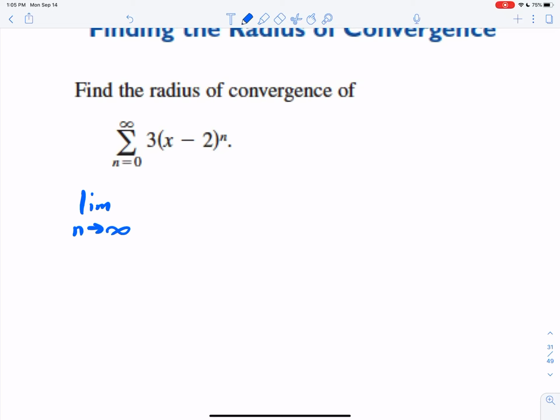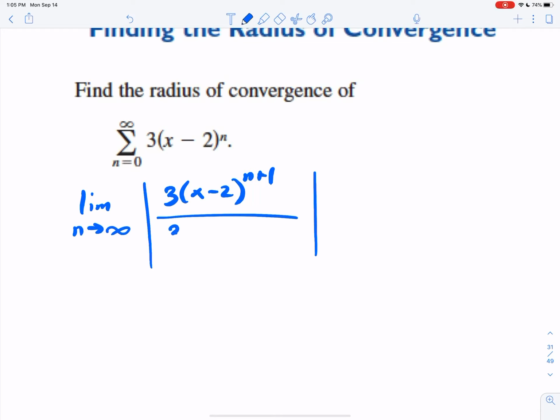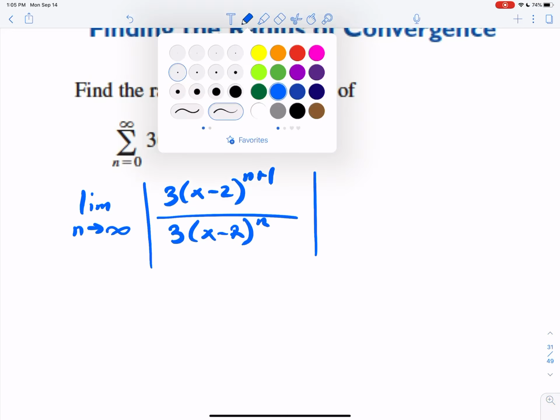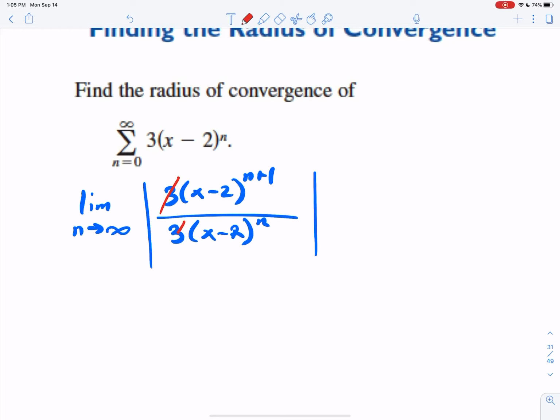Remember, number one mistake people make, they forget the absolute value bars. We're going to replace every n with n plus 1. So this is going to be 3 times (x minus 2) to the n plus 1 all over the same thing. This one is a lot easier to reduce out. I noticed that the 3's reduce out here.